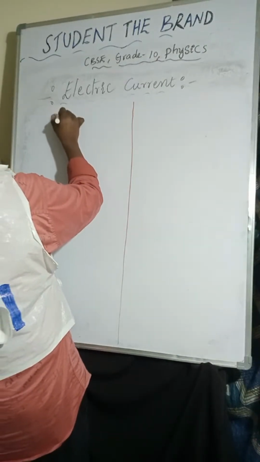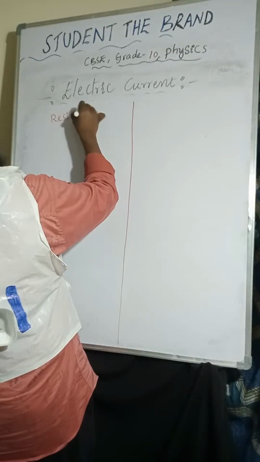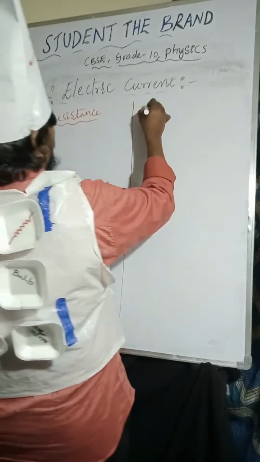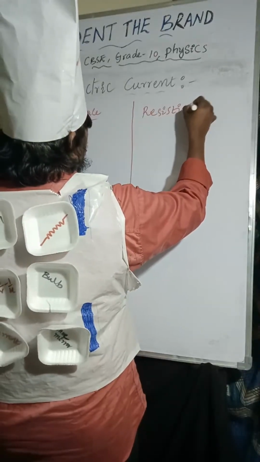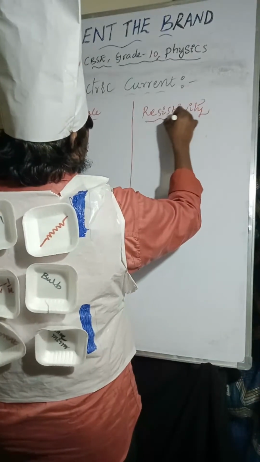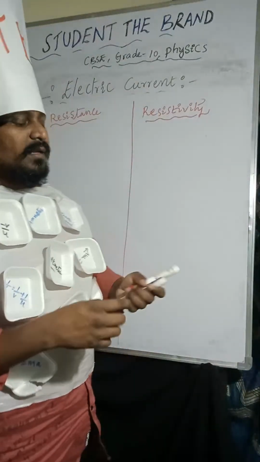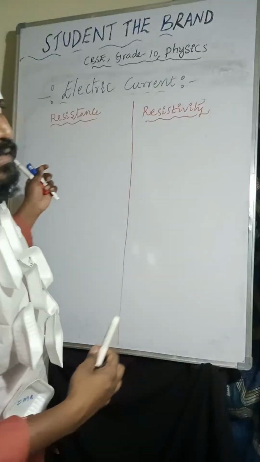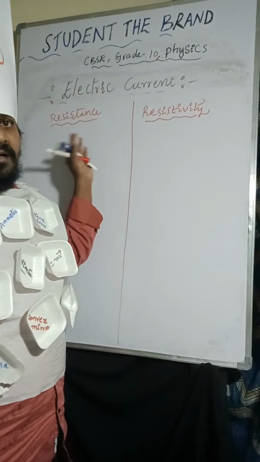Resistance and resistivity. Resistance is the phenomenon of opposing the electric current in the circuit.